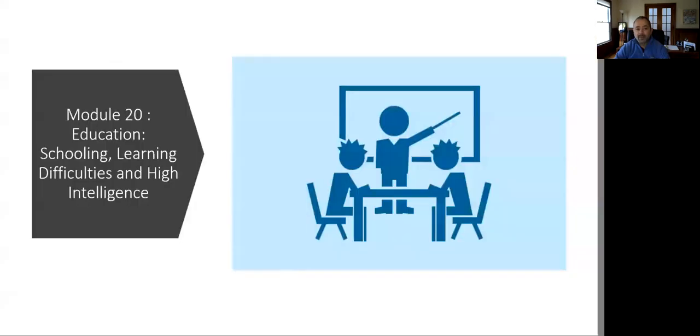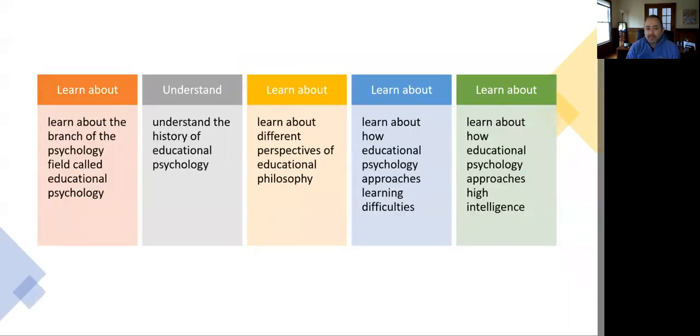We will be looking at, in today's module, education, schooling, learning difficulties, and high intelligence. Those would be some of our objectives that I'll share with you. We'll be learning about the branch of psychology called educational psychology.